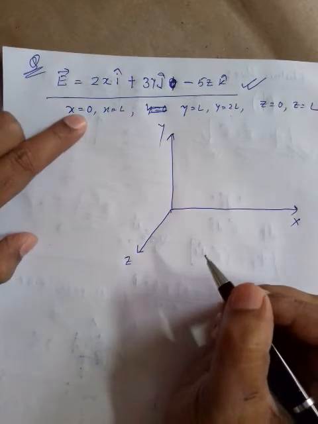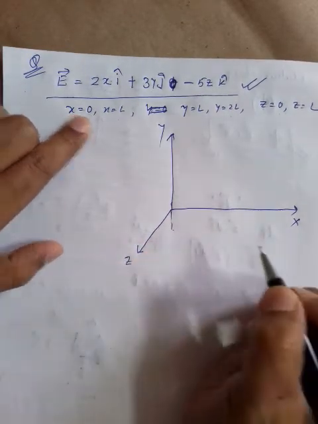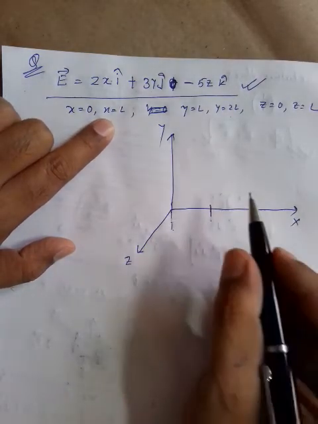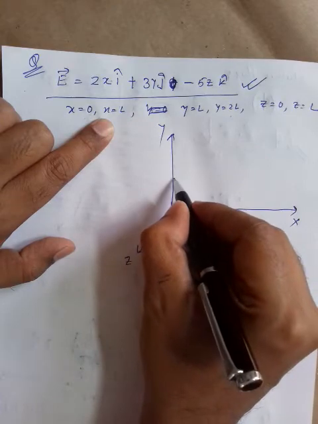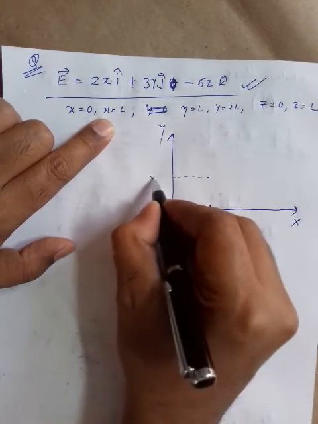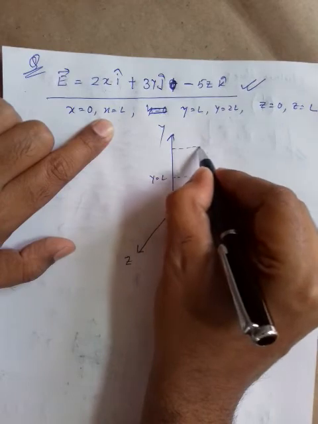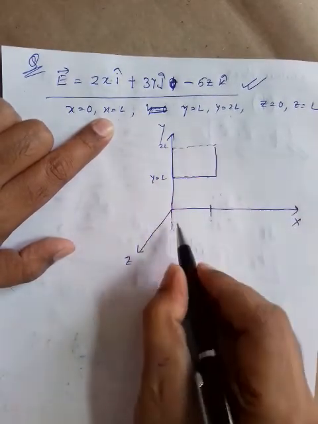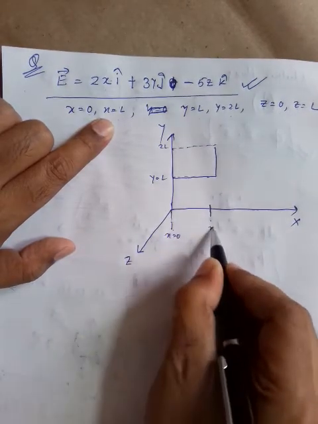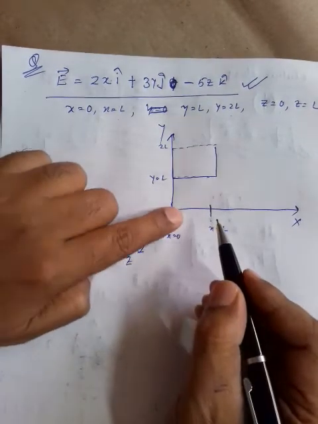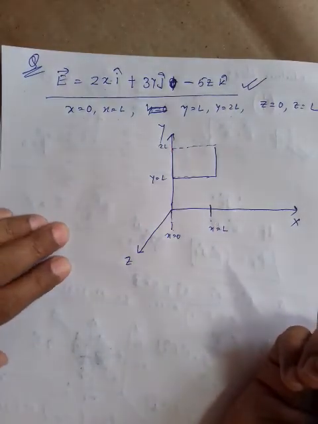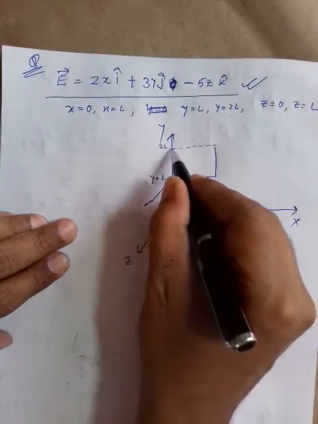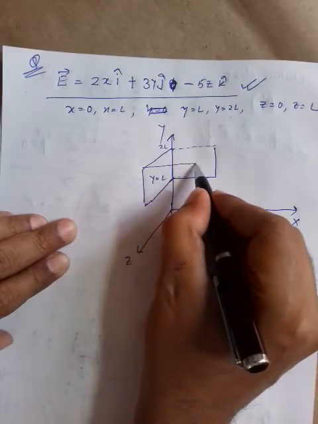In this case, it starts from x equal to 0, so it starts from this to x equal to L. So the cube is present from x equal to 0 to x equal to L. But it is not starting from y equal to 0, starting from y equal to L to y equal to twice L. Z equal to 0 is this plane, z equal to L meaning this one. I am drawing this figure slightly bigger in size.